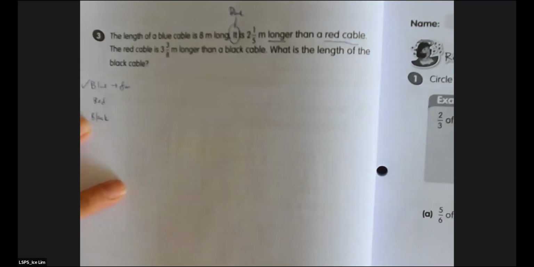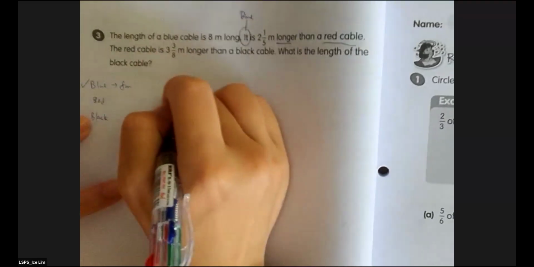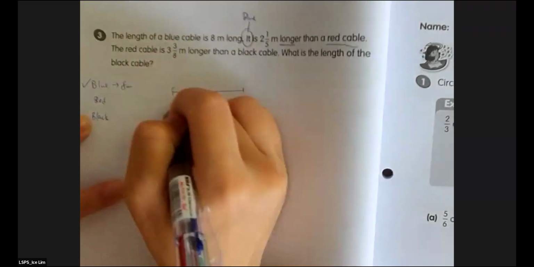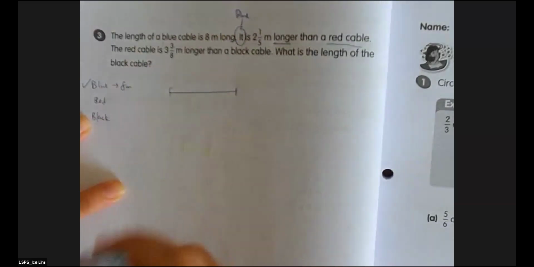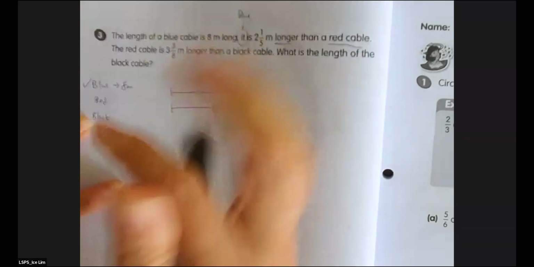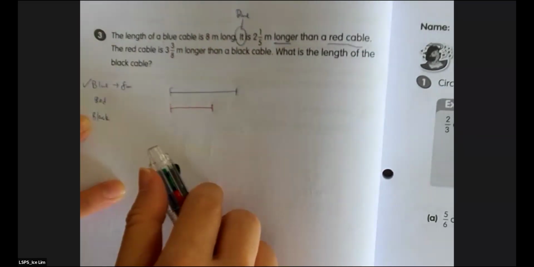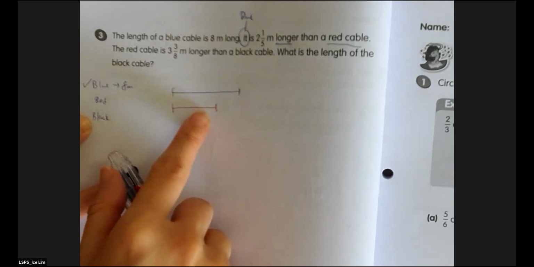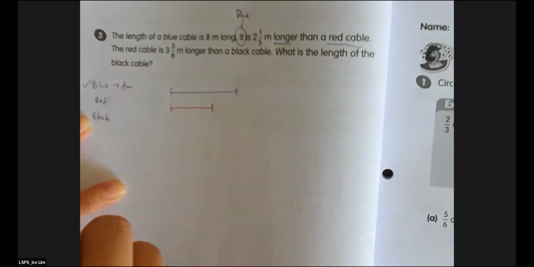So what if you want to establish a relationship? Really, it's not that difficult. You go step by step. You got the blue. The blue is a certain length. The blue is longer than the red, so the red is shorter. But then the red is longer than the black, so the black is even shorter.